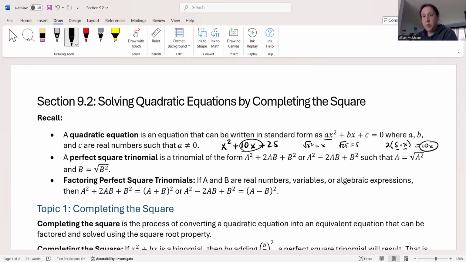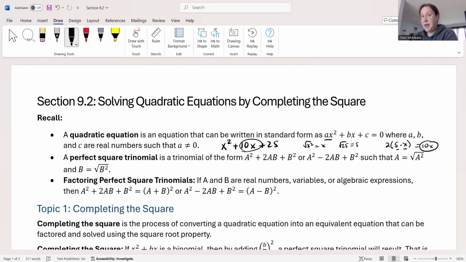So if a and b are real numbers, variables, or algebraic expressions, then a squared plus 2ab plus b squared factors as just a plus b, where a is the square root of a squared, b is the square root of b squared. So that factors as a plus b quantity squared.